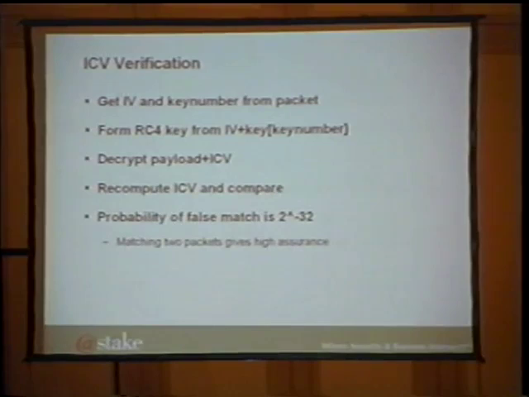Because we're comparing these 32-bit ICVs to verify whether it was decrypted properly, we have a probability of a false match of roughly 1 in 2 to the 32, or 1 in 4 billion. I wanted a little bit higher assurance than this, so I actually took 2 packets to verify against, which gives a probability of a false match of 1 in 2 to the 64, which is very, very, very infrequent.